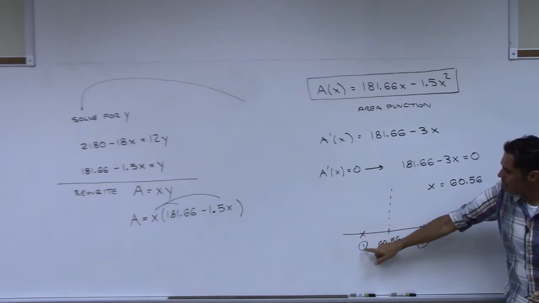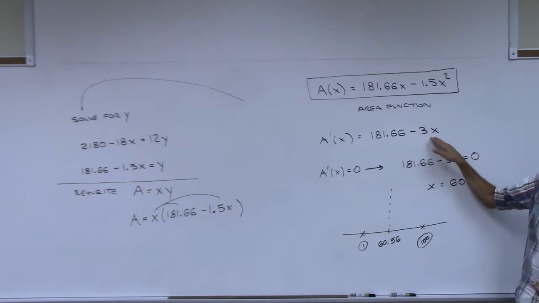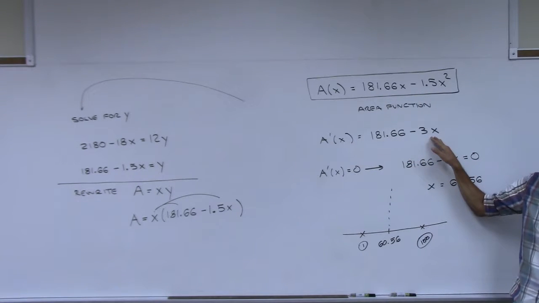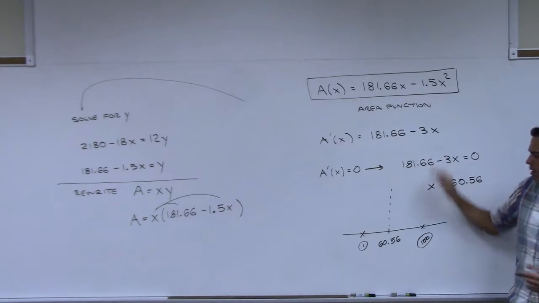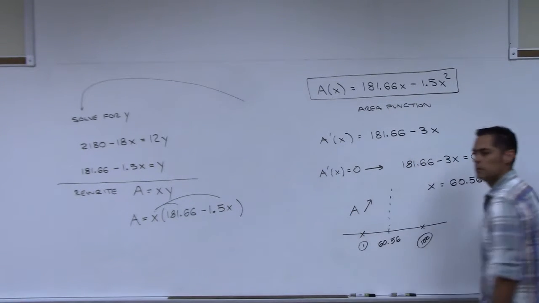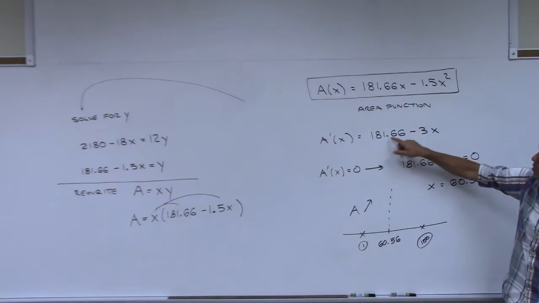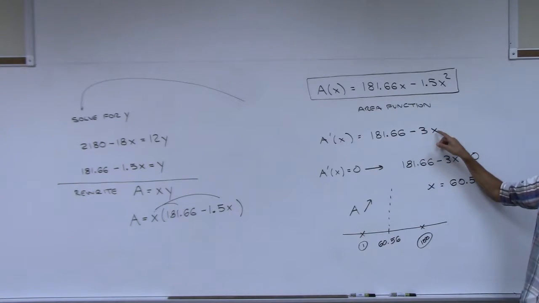So if I plug 1 into this, I get 181.66 minus 3, which is a positive number. So that means my original area function is going up here. That's good, right? Area's up, and now we just hope that it goes down. So if we plug in 100 into here, we get 181.66 minus 300.